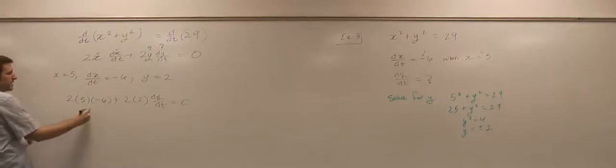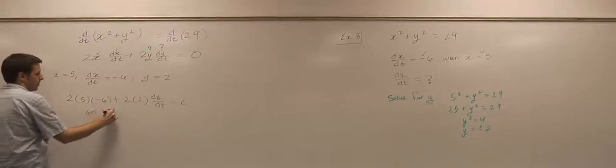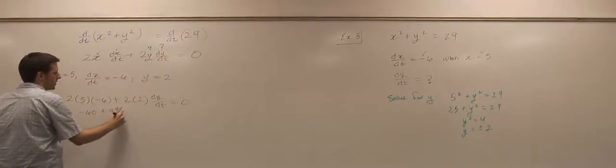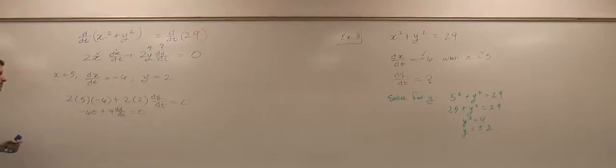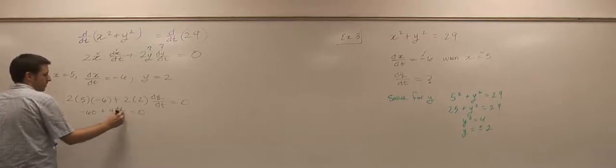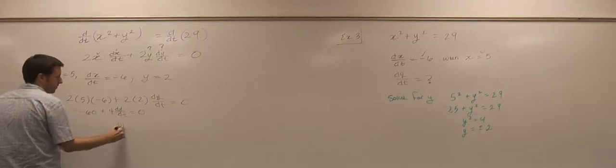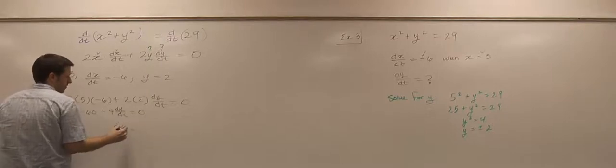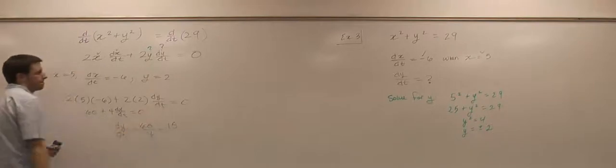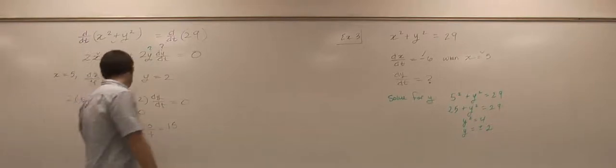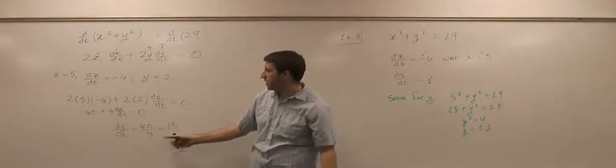So it's like negative 60 plus 4 dy/dt equals 0. So it looks like 60 over 4. So for this one, it's positive.